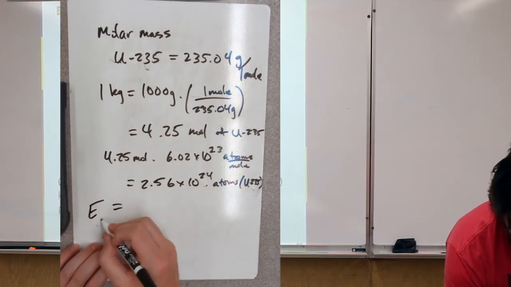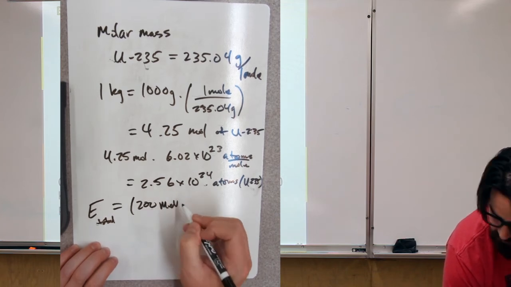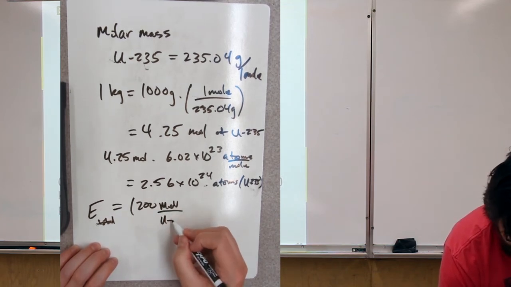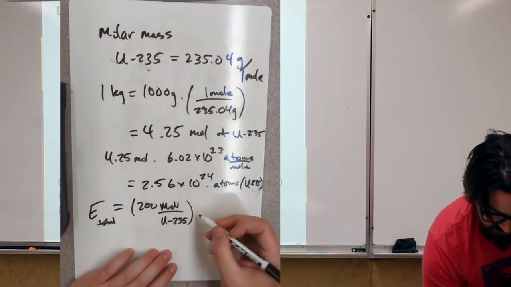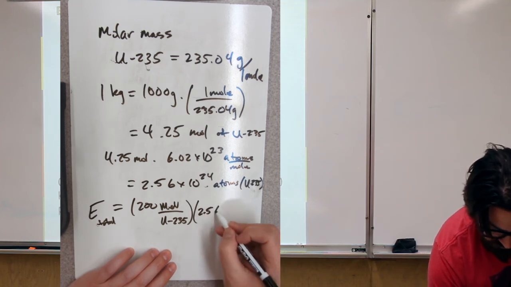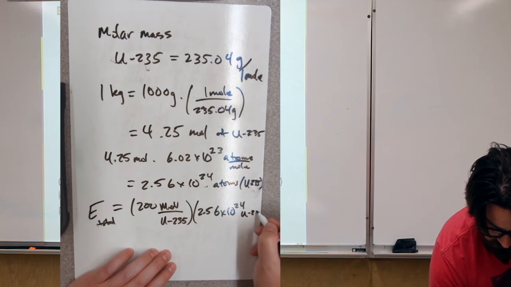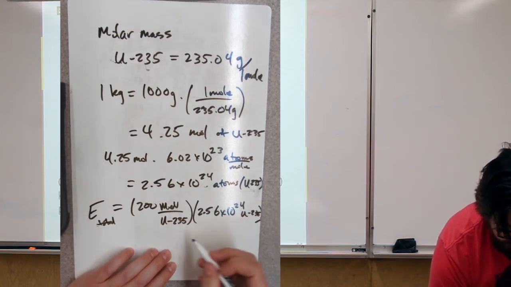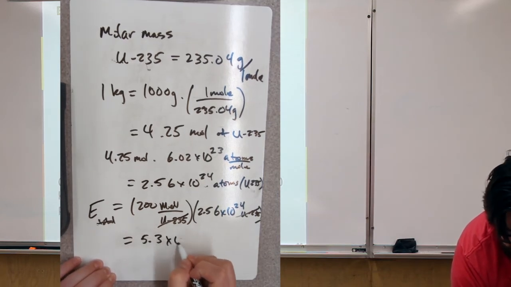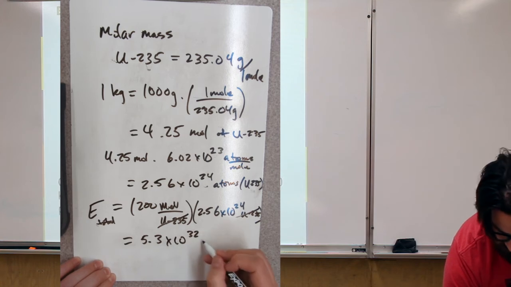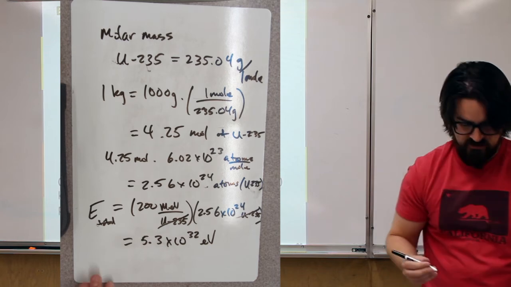That total energy then is 200 mega electron volts per uranium-235, you don't have to write these units, but maybe it helps, times however many uranium-235 atoms there are, or nuclei. So this looks like 5.3 times 10 to the 32nd electron volts. Yeah, it's a lot of electron volts.